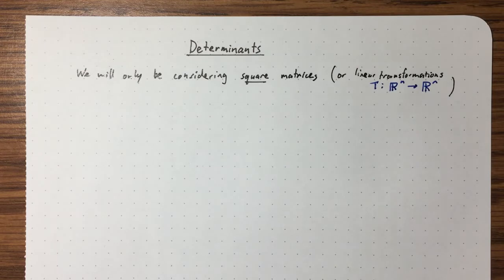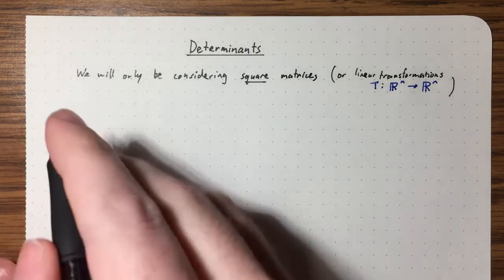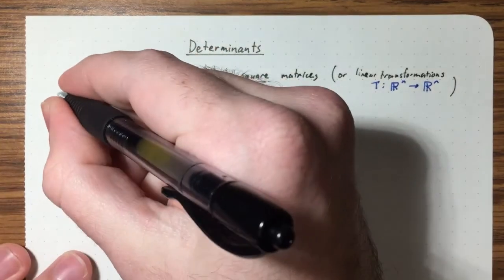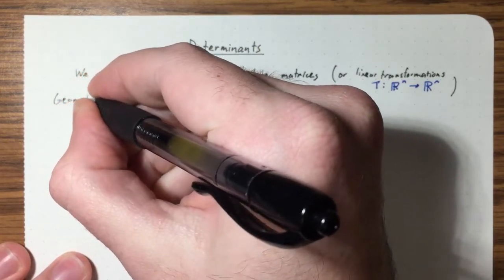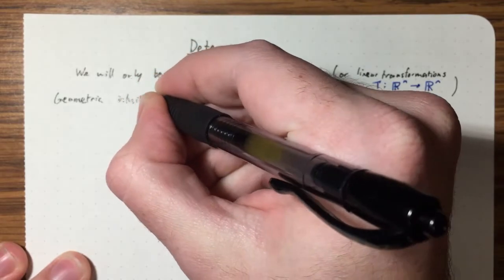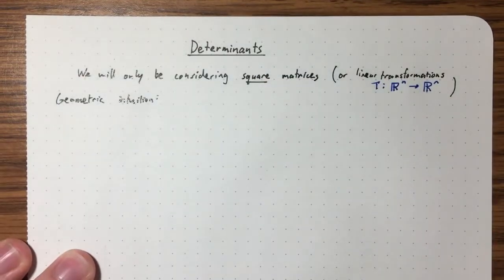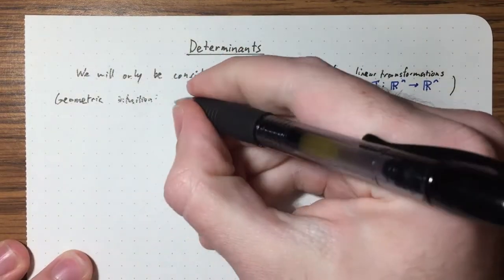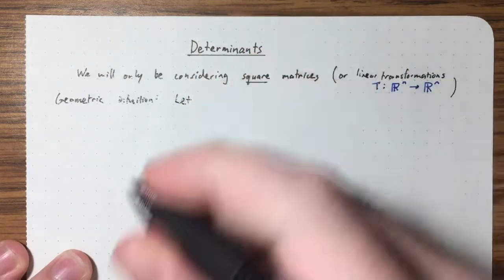Before I tell you mathematically what a determinant is and what the formula for it is, I want to start with the geometric intuition. So it has a really nice geometric meaning. So here's the geometric intuition. Let's start with the two-dimensional case.